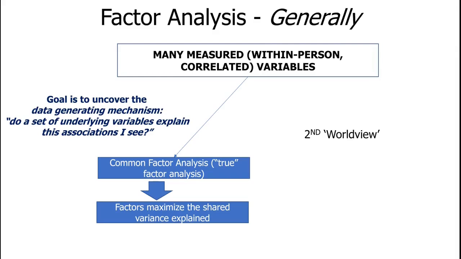And also conceptually, as a starting point for us in this discussion, we're going to do that by trying to maximize or produce factors, or uncover existing factors, that maximize the variance explained across all of the questions or items that you have. And we want to do that by maximizing the shared variance.